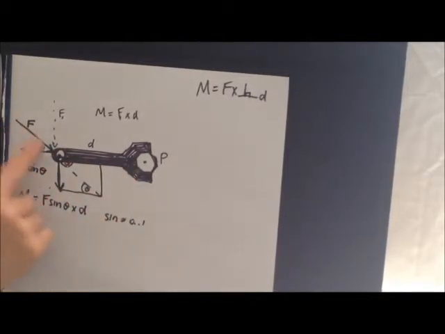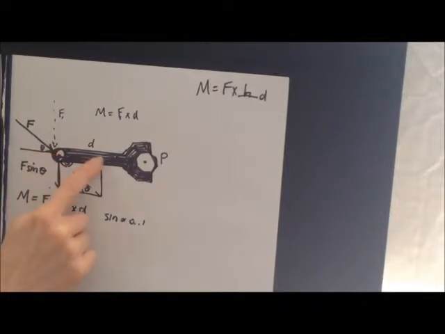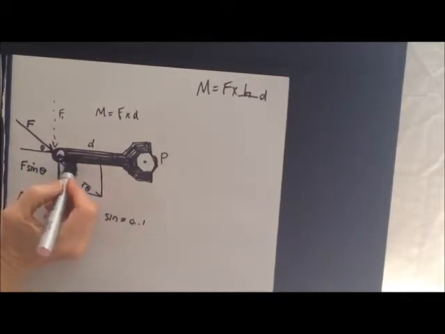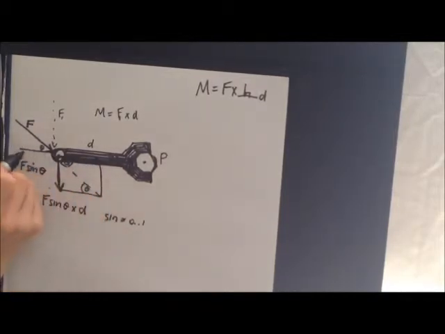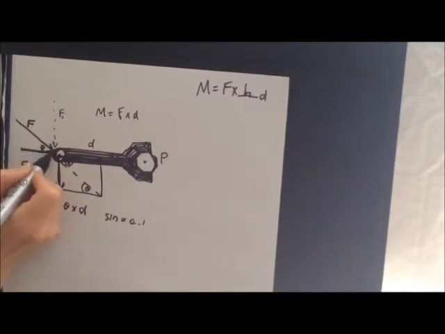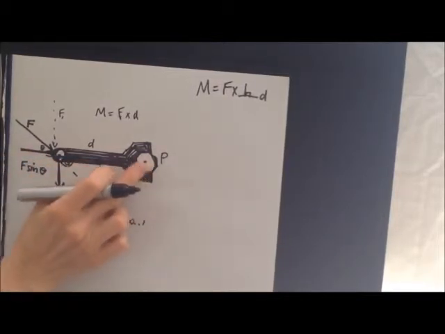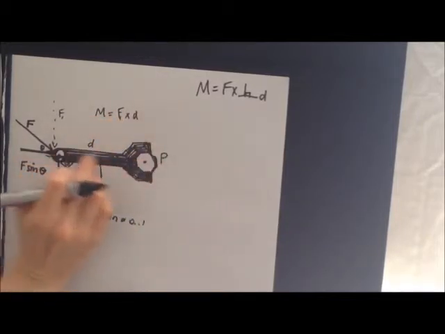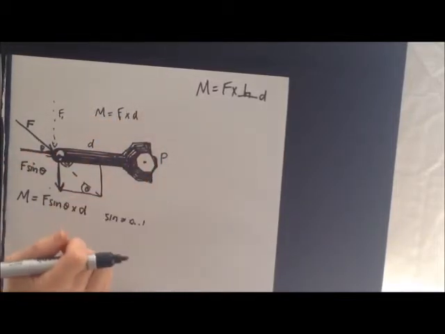Now, this force here also has a horizontal component, but that horizontal component doesn't count. Why? Because it's along the length of the moment arm. As you can see, if you're pressing that way on the spanner, there's no twisting around the bolt. So there's no moment due to the horizontal component.